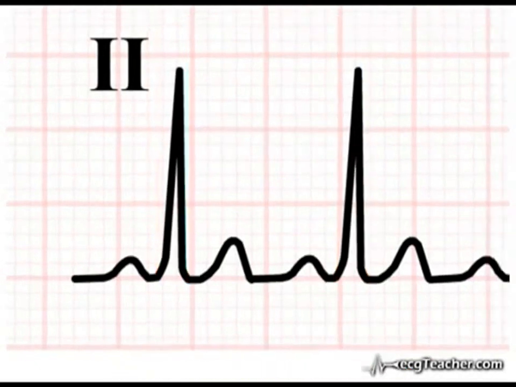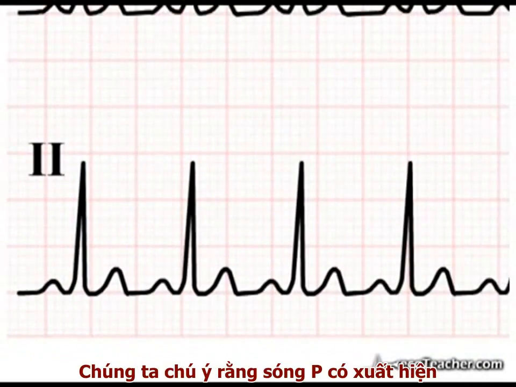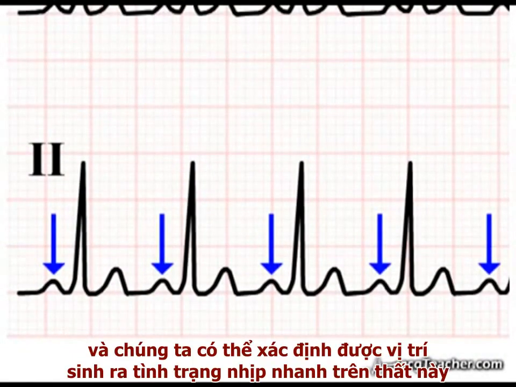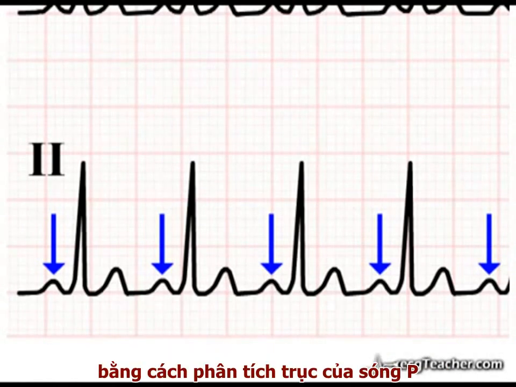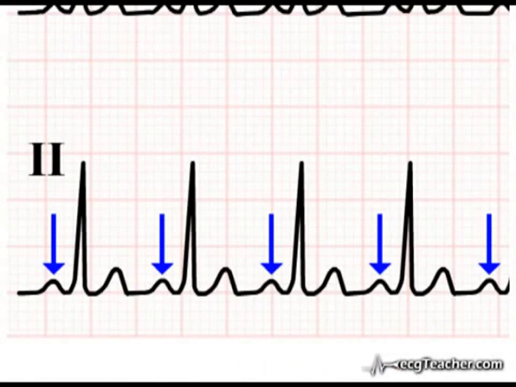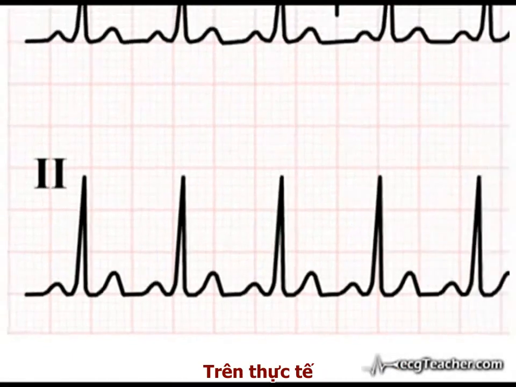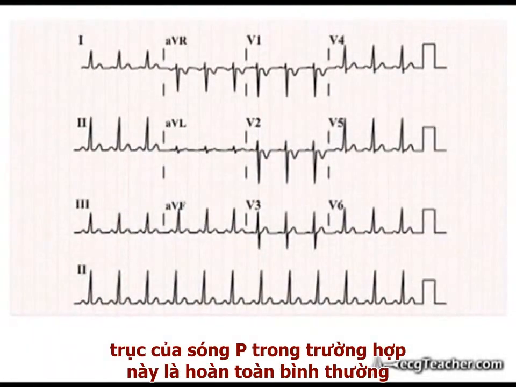We note that P waves are present, and we can identify the site of origin of the tachycardia within the supraventricular region by analysis of the P wave axis and PR interval. In fact, the P wave axis is normal.